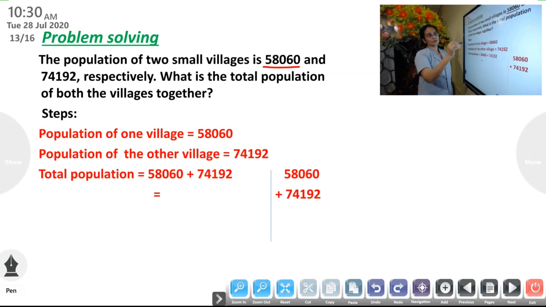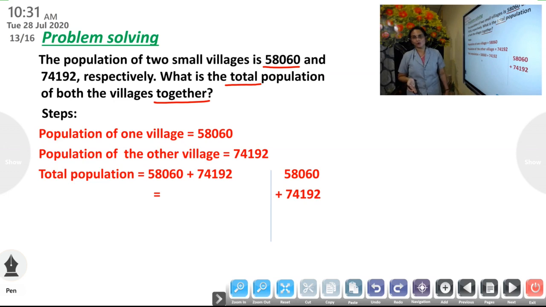What is the total population of both the villages together? If there is the word total, together, if all these words are there, what you have to do? It is addition. Total, together, all these words imply addition.